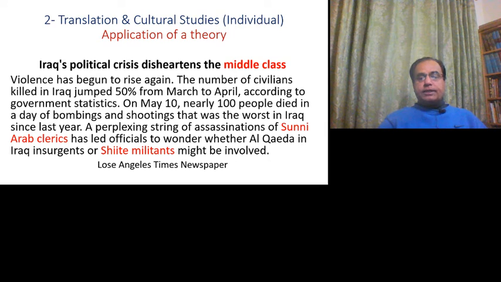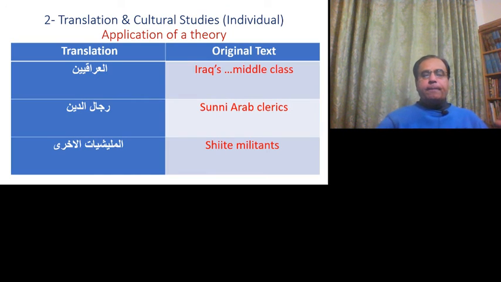We focus here on only three elements: middle class, Sunni Arab clerics, and Shiite militants. And we see how this news item was translated, and how especially these three things were translated into Arabic.